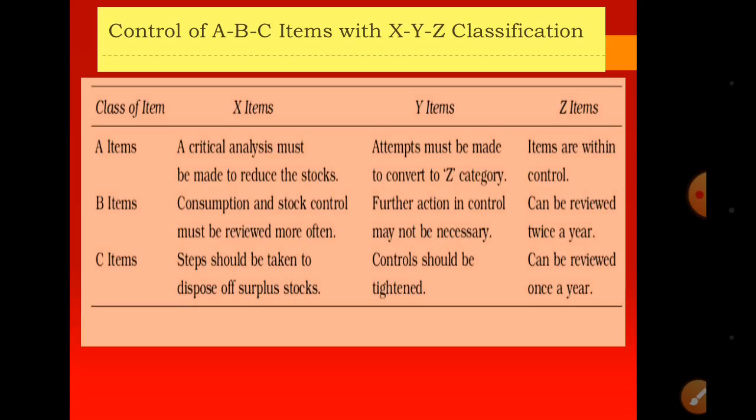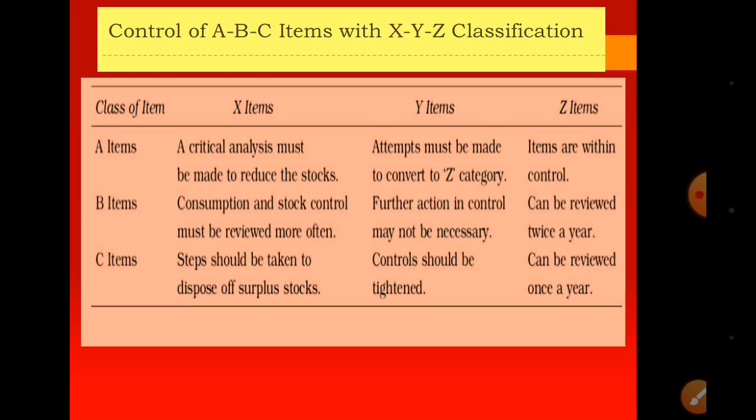The items that are in A row and X column, a critical analysis must be made to reduce the stocks. The items that are in B row and X column, the consumption and stock control must be reviewed more often. The items that are in C row and X column, steps should be taken to dispose of surplus stocks.